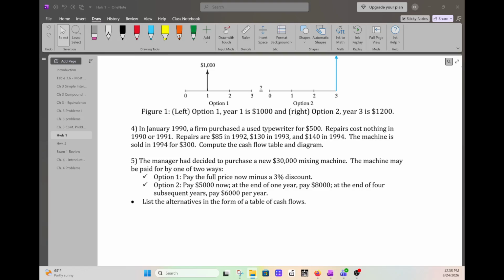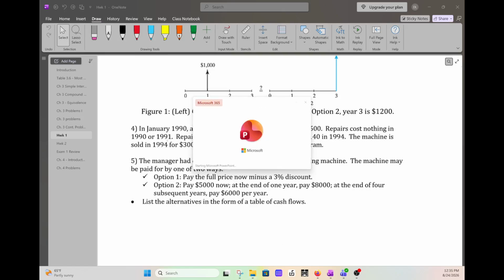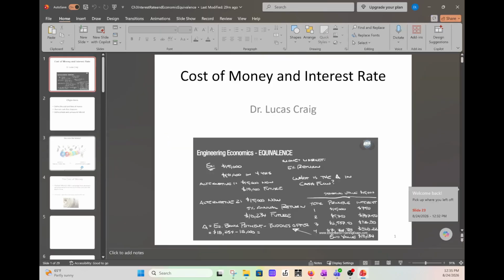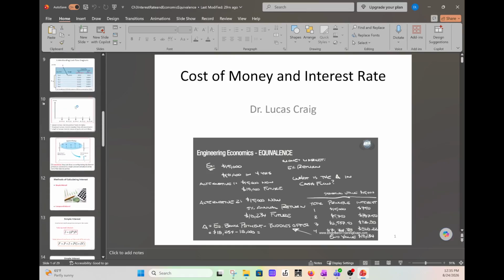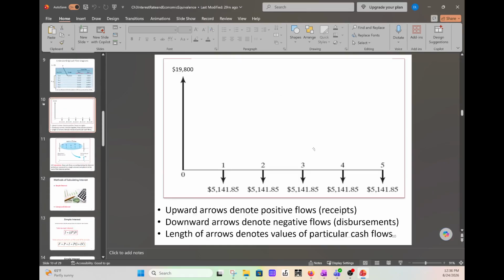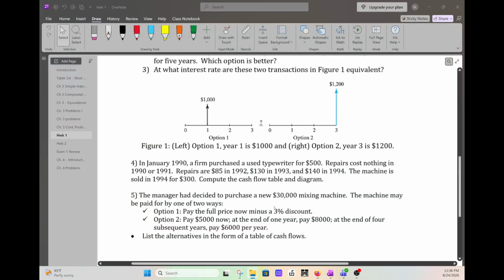Open up the PowerPoint for you right here, I think. It's this one. Is it this one? Yeah. So I would prefer you to do a graph like this, where you give me up arrows and down arrows. Okay? All right. That should help you with homework 1.